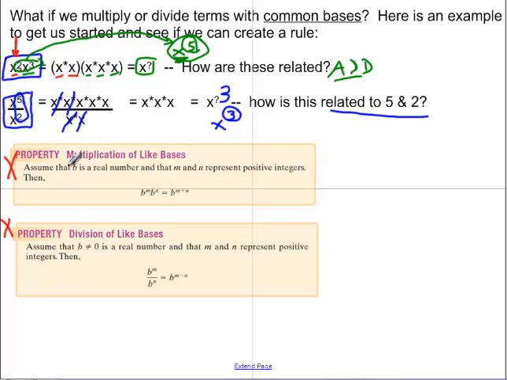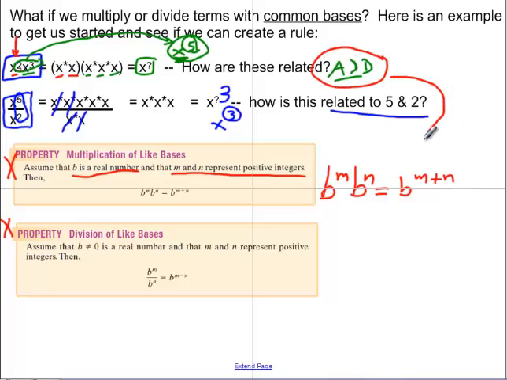Multiplication of like bases: if b is a real number, and m and n are positive integers, then b to the mth power times b to the nth power is b to the m plus n.